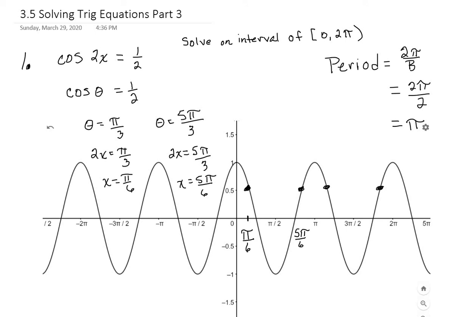That means if I'm going from this point to this point, there's a difference of pi. So in order to get from here to here, I have to take pi over 6 and add pi to that, and I end up with 7 pi over 6.